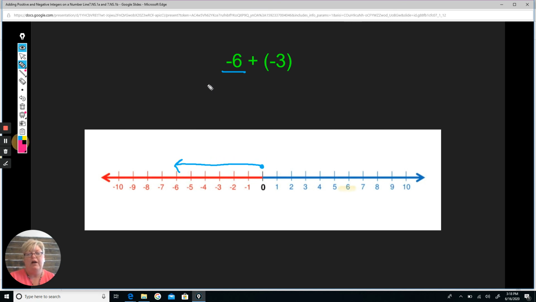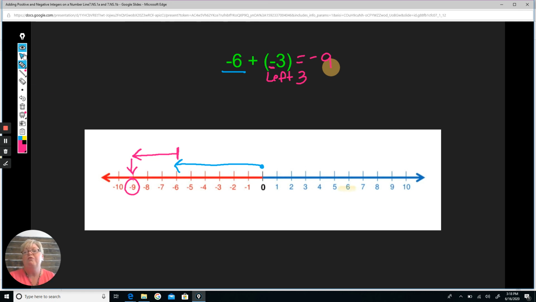And then looking at the problem, it says plus negative 3, and that negative 3 tells me to go left 3 times. So I'm going to pick up at negative 6, and I'm going to go left 3 times. And that's going to give me negative 9. So negative 6 plus negative 3 equals negative 9.